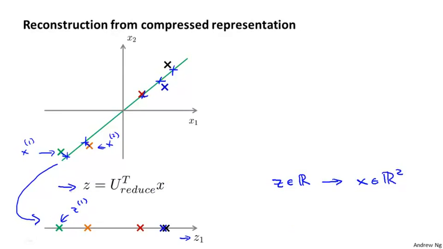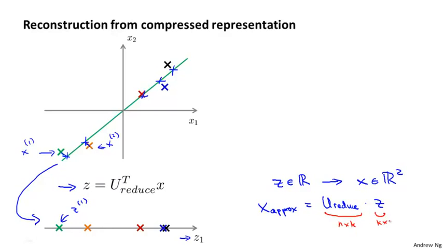So whereas Z equals U reduced transpose X, if you want to go in the opposite direction, the equation for that is we're going to write X approx equals U reduce times Z. And again, just to check the dimensions, here U reduce is going to be an n by k dimensional matrix.